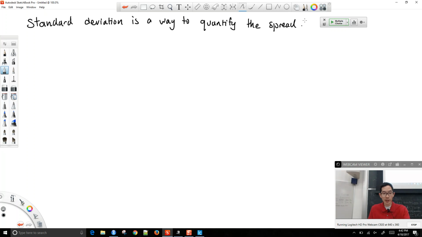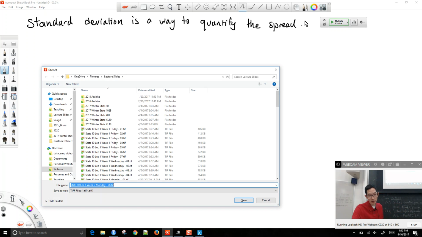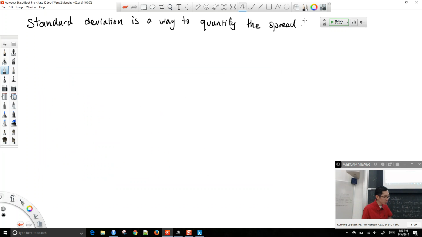So on the previous page, we said the spread in the second grade classroom is small. In the college classroom, it's medium, and at the DMV room, it's high. Okay? These are kind of just vague terms, right? Instead of saying spread is small, medium, high, we can say, oh, in the second grade classroom, the standard deviation is 1.5.